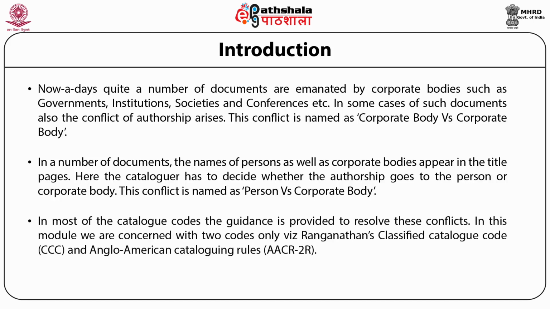In most of the catalog codes, guidance is provided to resolve these conflicts. In this module, we are concerned with two catalog codes only, that is, Ranganathan's Classified Catalog Code, CCC, and Anglo-American Cataloging Rules, AACR-2R. Definition and concept of author.